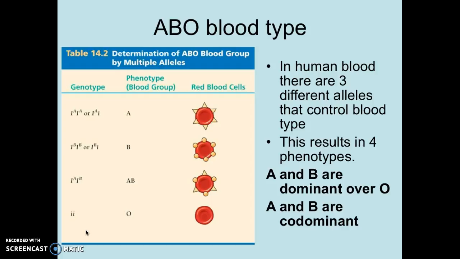These little antigens help us determine what type of blood we have. They're showing the A that has triangles, the B that has little circles, and AB has both. Notice O has no antigens on its cell surface, at least for blood type, and that is because it is recessive. And if you have studied blood type before, you know that O is considered the universal donor.